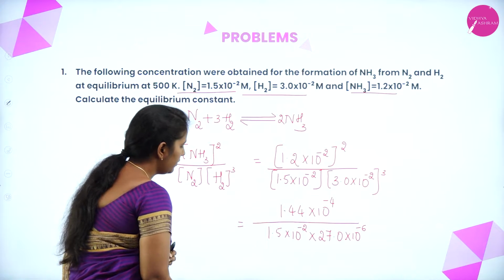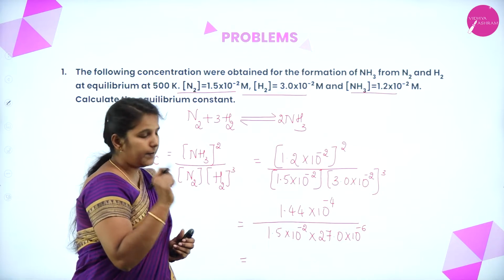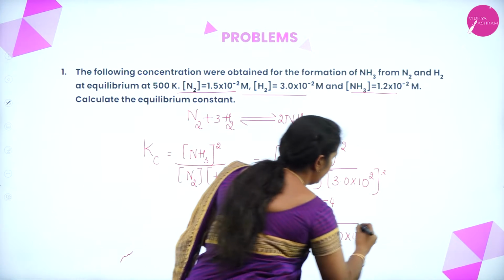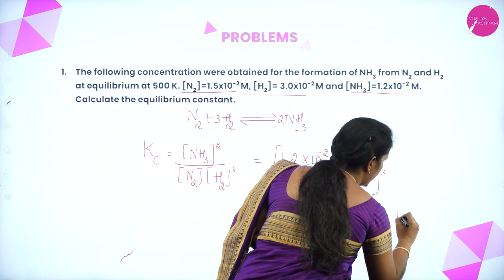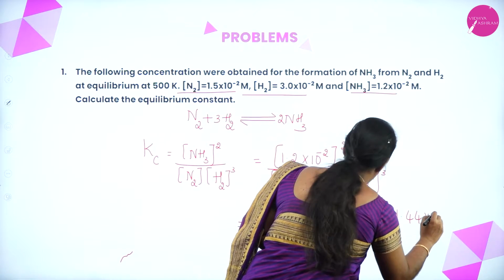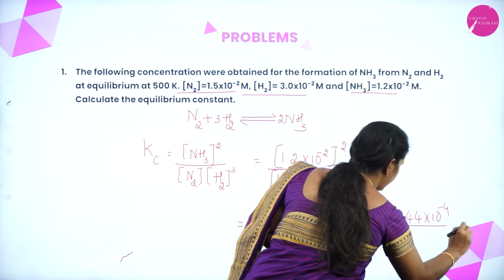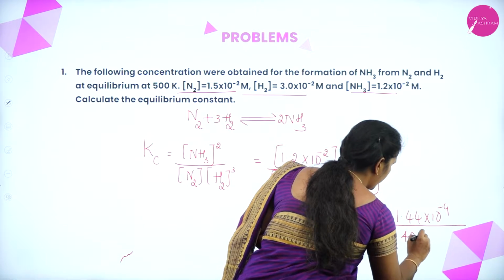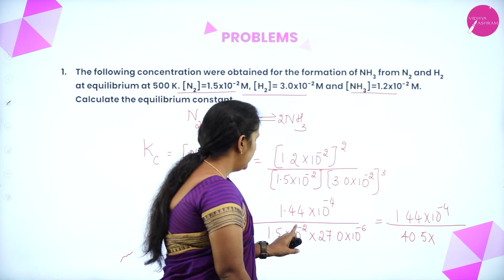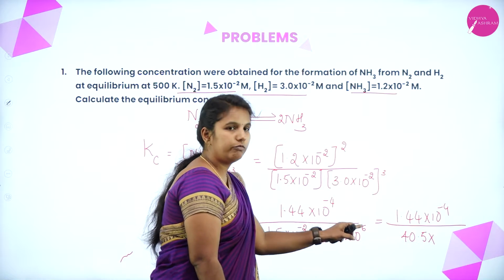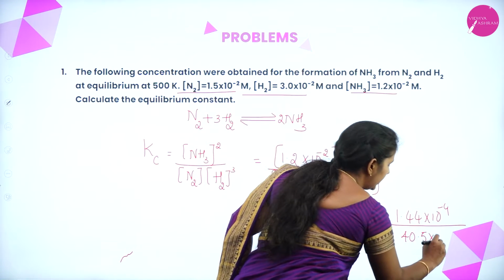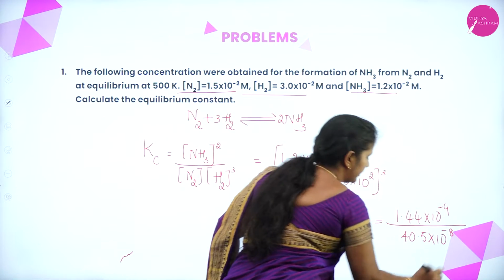Now, if you do it, 40.5, I'll write it here. So it is 1.44 into 10 to the power of minus 4 divided by 40.5 into 10 to the power of minus 2 into 10 to the power of minus 6, which is 10 to the power of minus 8.